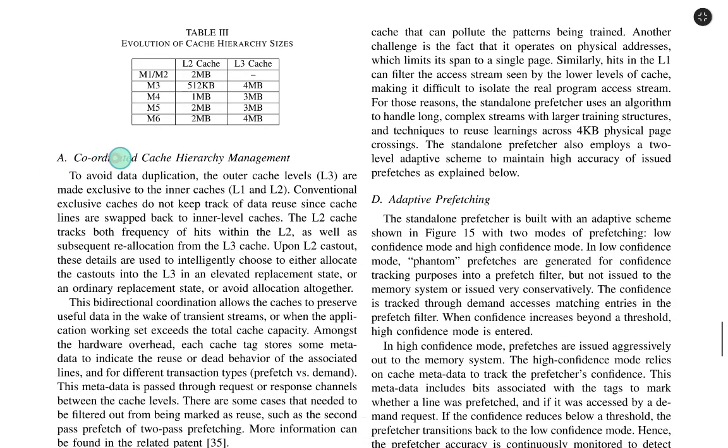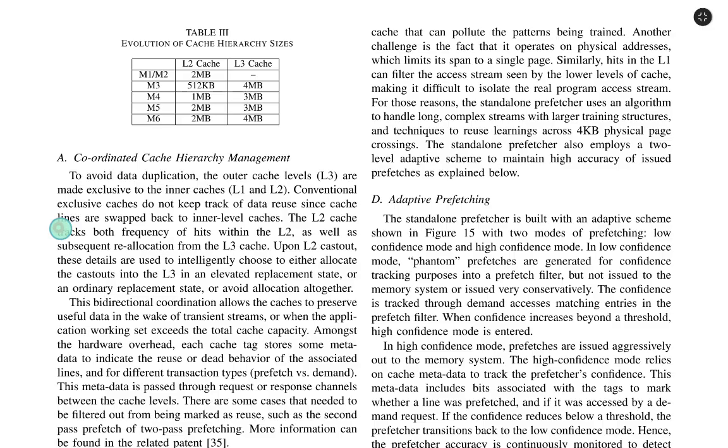A. Coordinated cache hierarchy management. To avoid data duplication, the outer cache level L3 is made exclusive to the inner caches L1 and L2. Conventionally, exclusive caches do not keep track of data reuse since the cache lines are stored back to the inner level caches.